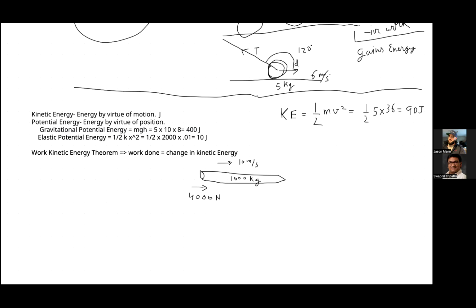And it does that for a distance of 200 meters. Then what will be the final velocity is the question.